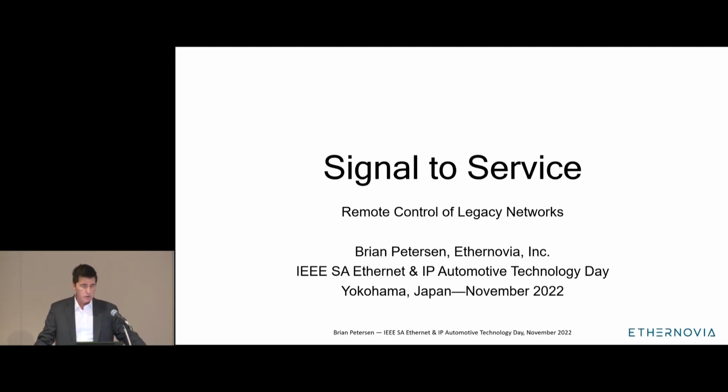In this presentation, I'll be talking about the continued evolution from signal-oriented communications to service-oriented communications. Now, the term service-oriented is part of the SOME/IP name, but I won't be talking much about SOME/IP at all.